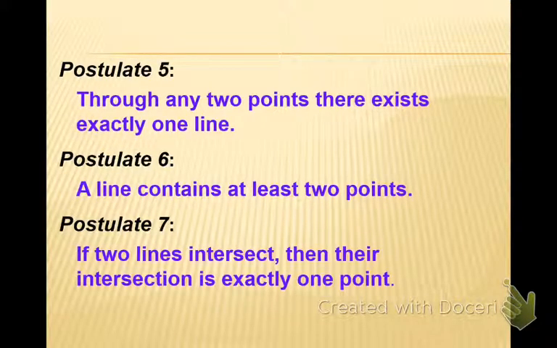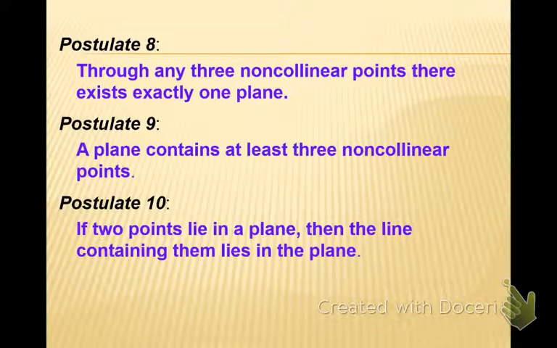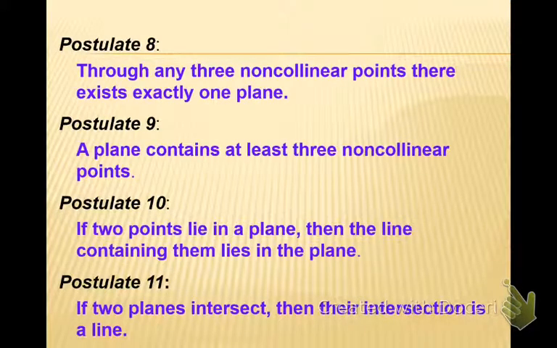That being said, it's helpful sometimes. But I think real-life examples or the world around you is kind of a nice place to start too. Postulate 8, 9, 10, and 11. So 5, 6, and 7 talked about points and lines. 8, 9, 10, and 11 talk about planes.